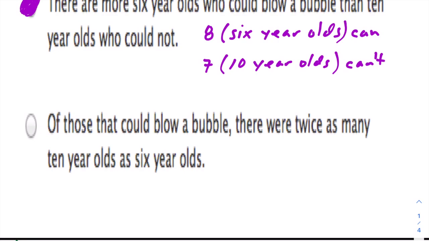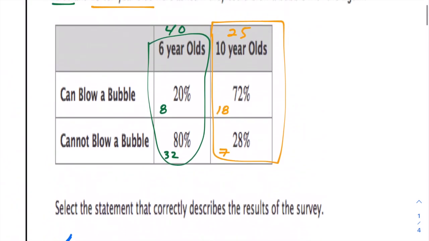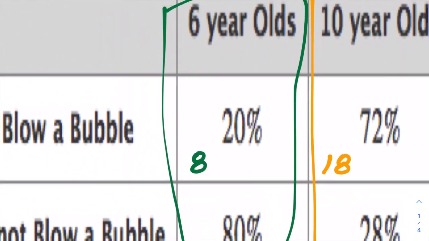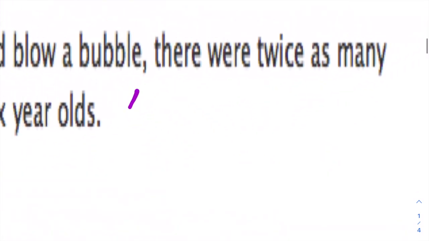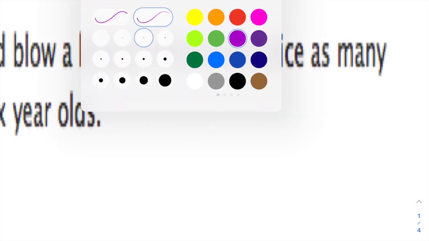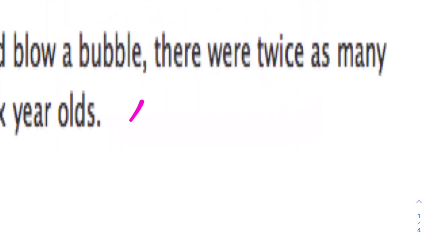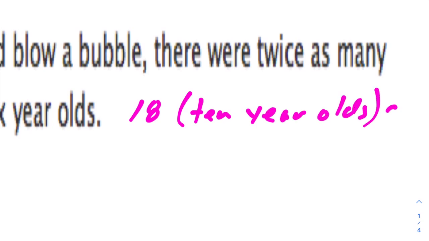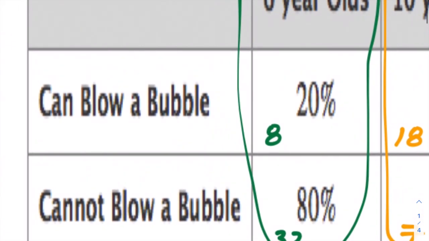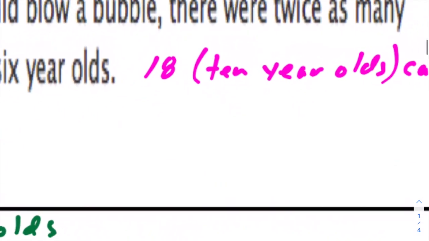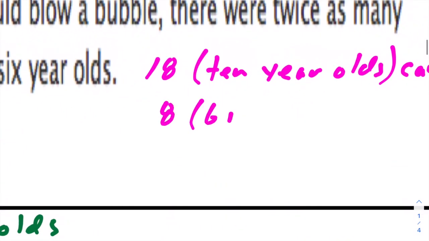The last one, of those that could blow a bubble, there were twice as many 10-year-olds as 6-year-olds. So the 10-year-olds who can blow a bubble, there are 18 of them. And there are 8 of the 6-year-olds who can.